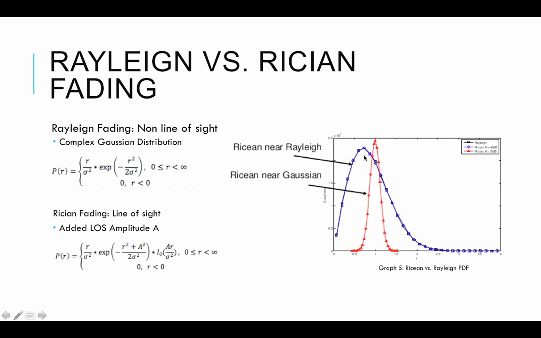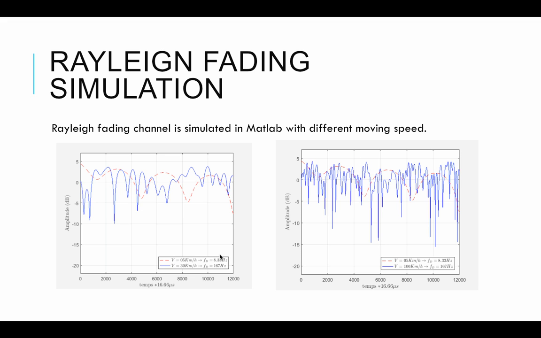And we can see that the mean and the variance are directly correlated to the original variance of the Gaussian distribution. And the Rician fading is the combination of a Rayleigh fading with the direct line of sight, which has an amplitude of 1 in this graph that is centrally located over here. And we're going to look further into Rayleigh fading in this application because line of sight is rarely available.